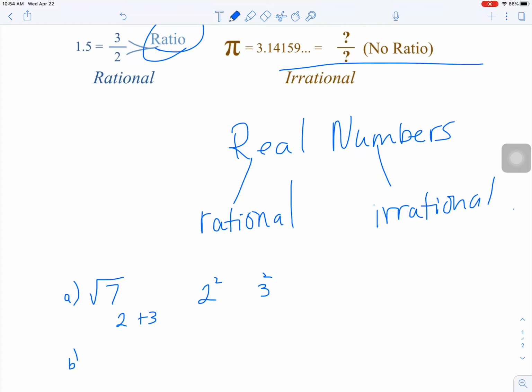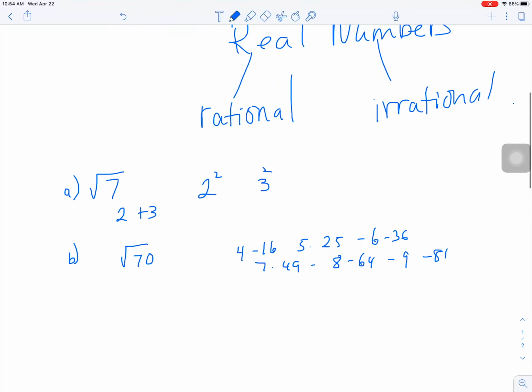Well, we know 4 squared gives us 16, 5 gives us 25, 6 gives us 36, 7 gives us 49, 8 gives us 64, 9 gives us 81. I'm just going to leave those there, but you can see that we're between 8 and 9. So the answer for B is 8 and 9.